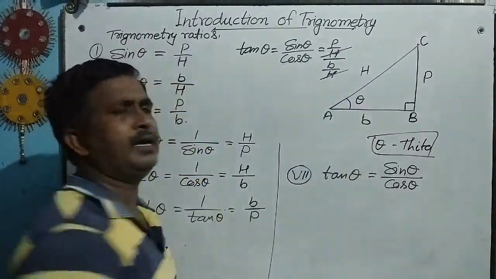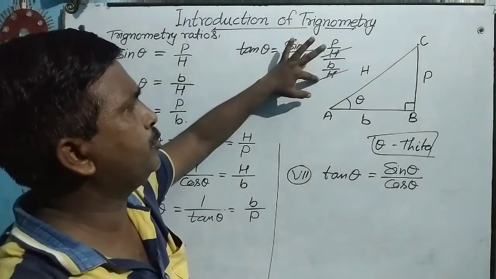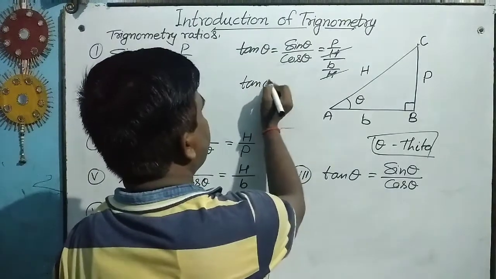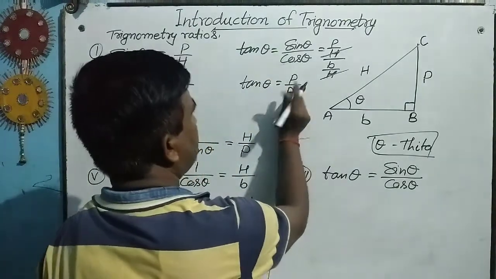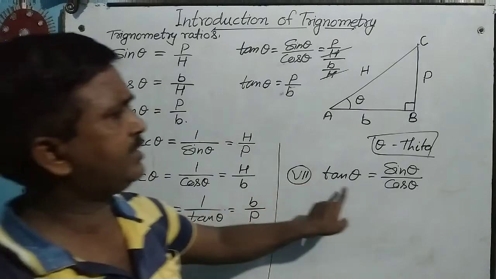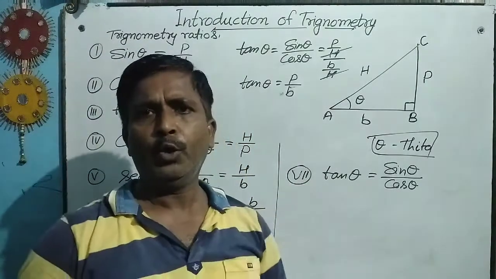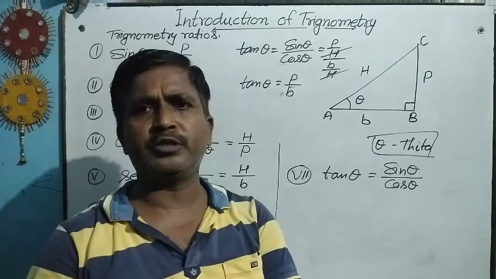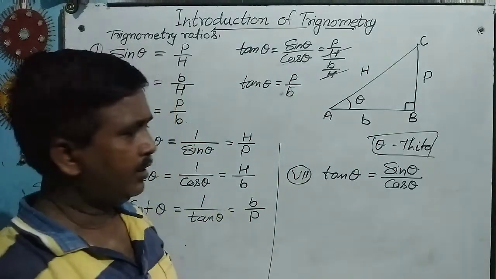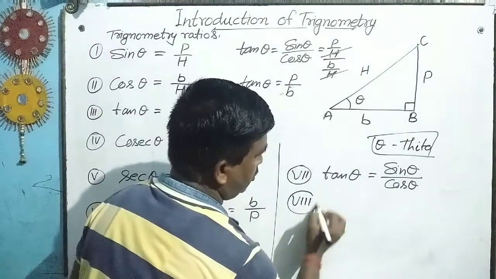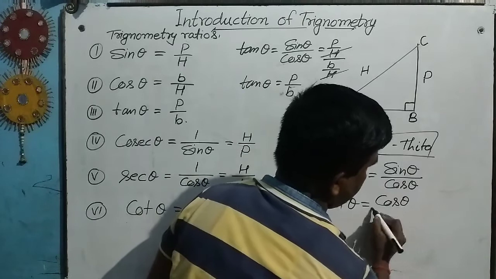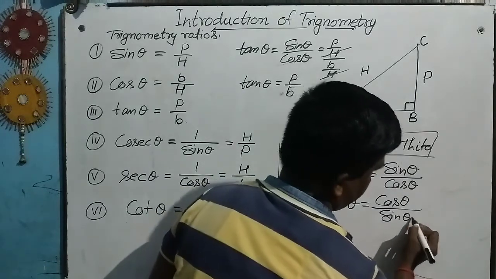The second value cancels out with the fourth value, and you will get tan theta equal to P upon B. This ratio may be used when you have to prove identities. Now the eighth ratio: cot theta is equal to cos theta upon sin theta.